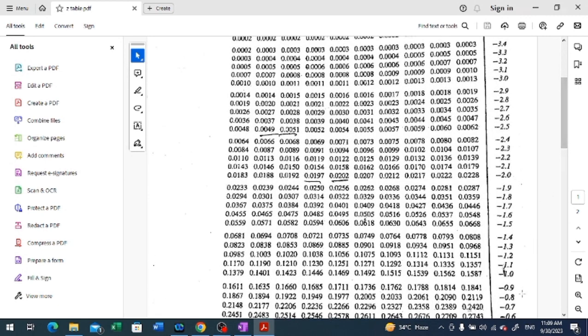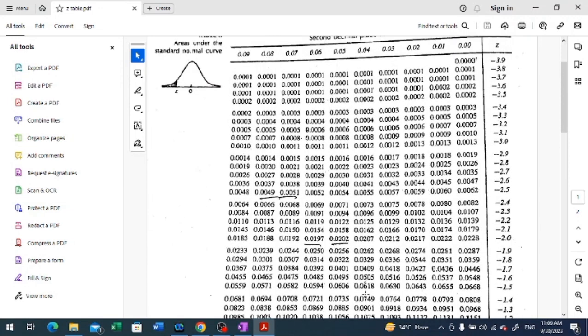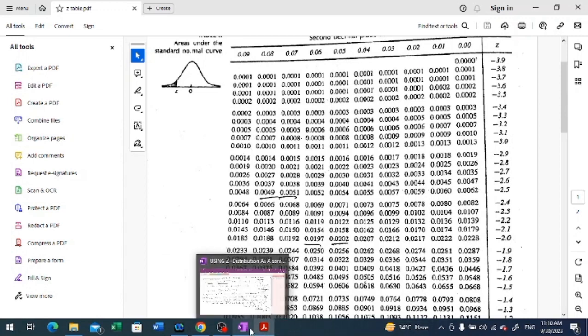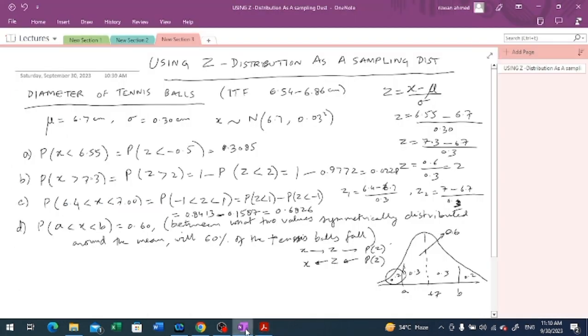So minus 0.8 is the row, and the columns are 0.80, 0.81, 0.82, 0.83, and 0.84. Collecting these two values, the location of the probability 0.2005 is at minus 0.84.